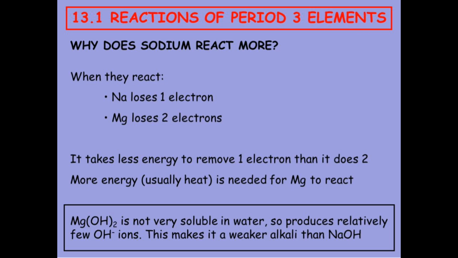So therefore, more energy or heat is usually required for magnesium or calcium to react. And of course, the magnesium and calcium hydroxide produced are not very soluble in water because they produce few hydroxide ions, making them weakly alkaline when compared to sodium hydroxide or potassium hydroxide.